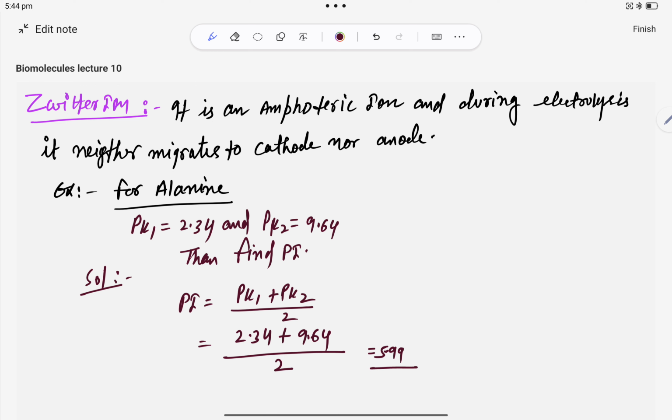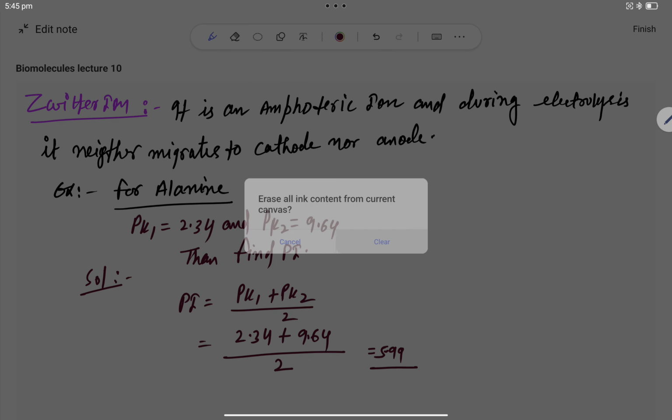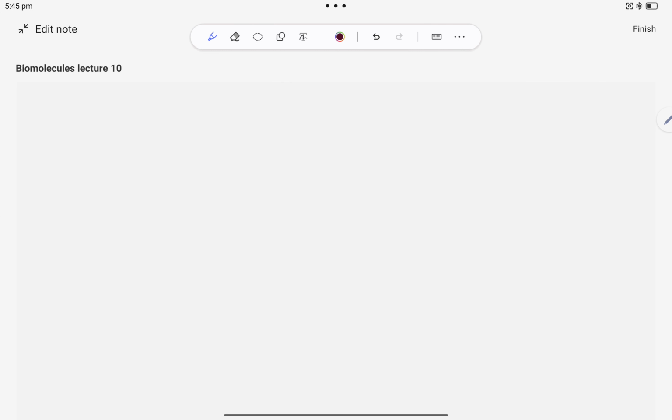So zwitterion is completely finished now. Now come to the peptide. What is peptide? So first the definition, then we will explain.